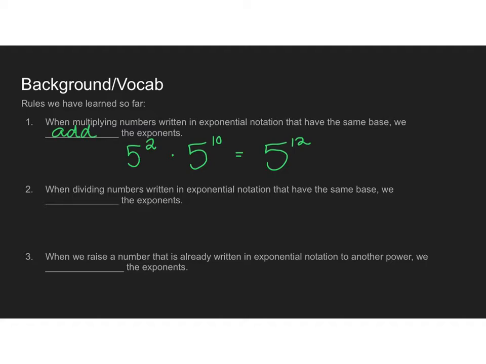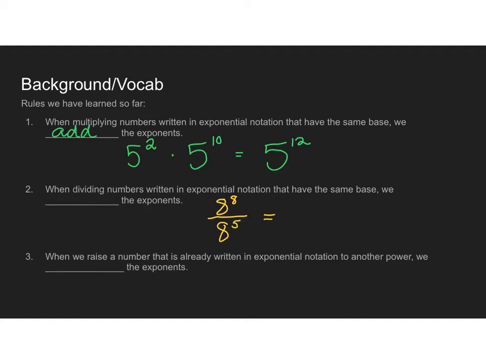The next rule we learned has to do with division. When dividing numbers written in exponential notation that have the same base, we blank the exponents. For example, maybe we have 8 to the 8th power, and we're dividing this by a number that has the same base, so it has to have that 8, and let's say it's to the 5th power.